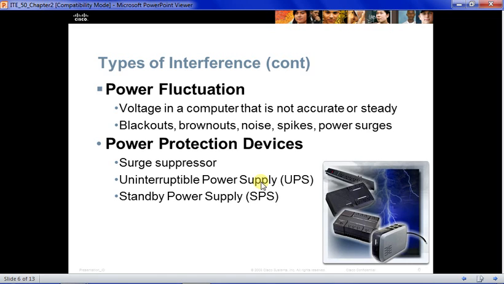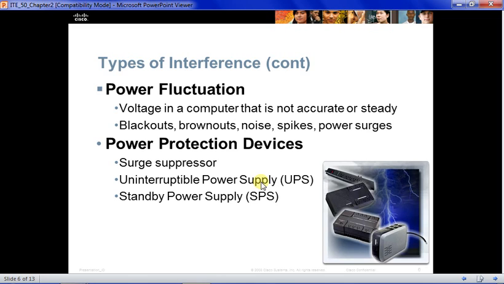Such things as blackouts, brownouts, noise, spikes, and power surges can also affect our computer. Blackouts usually are a total loss of power. Brownouts are a lower amount of power, usually below 80%, a reduction in voltage. Noise is interference that can affect how our computers operate.